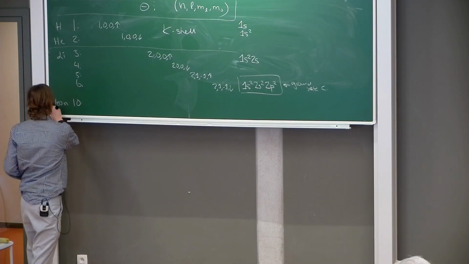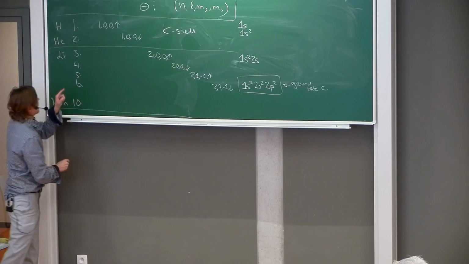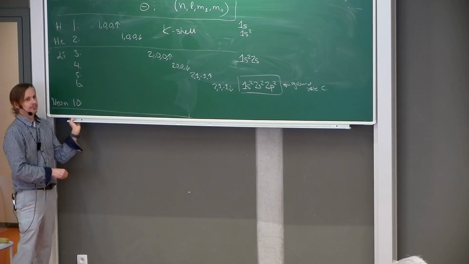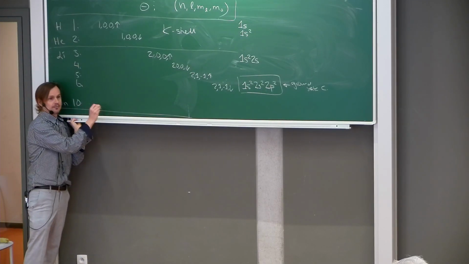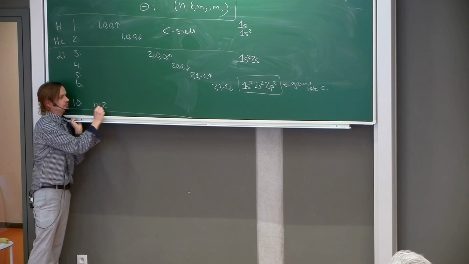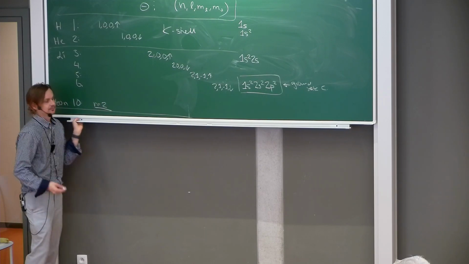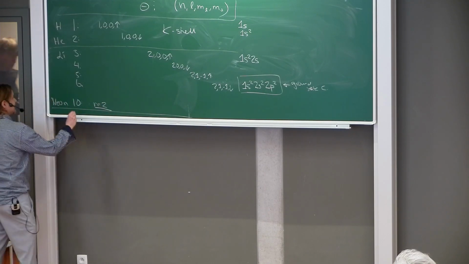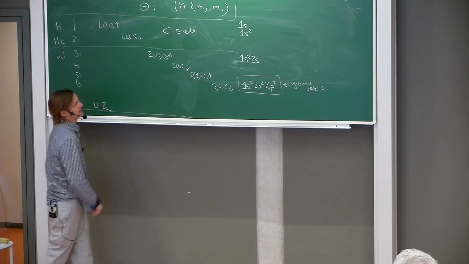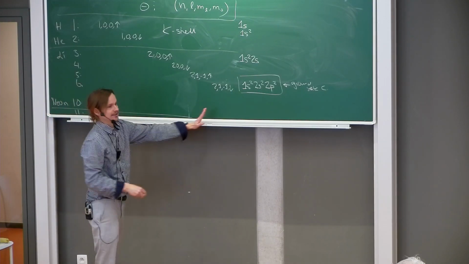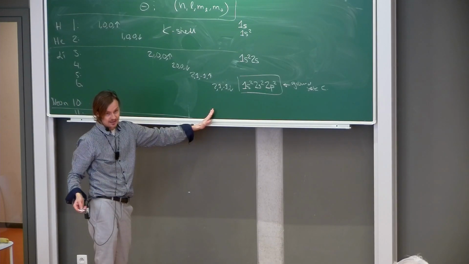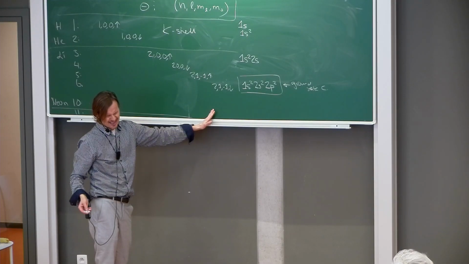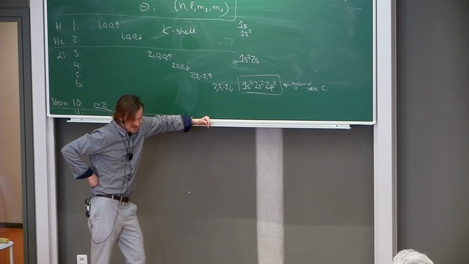Neon is the 10th, and then we have filled up number 2. That is the N equals to 2 orbital. Number 11 then will have the last electron in N equals to 3, right? Number 11, I always forget which one this is.